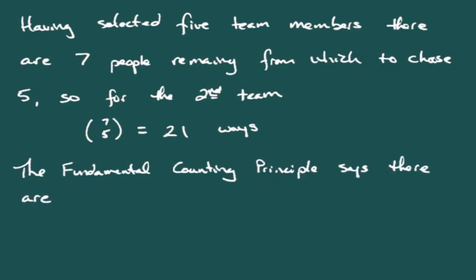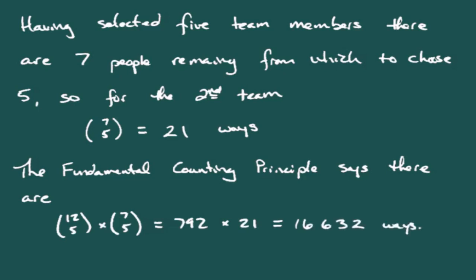And so the fundamental counting principle says that we will take the number of ways to do the first team and multiply that by the number of ways to choose the second team. So we have 12 choose 5 times 7 choose 5, or 792 times 21, giving us a grand total of 16,632 ways that the 12 friends can divide up into 2 teams of 5.